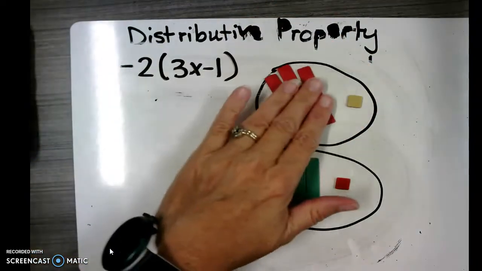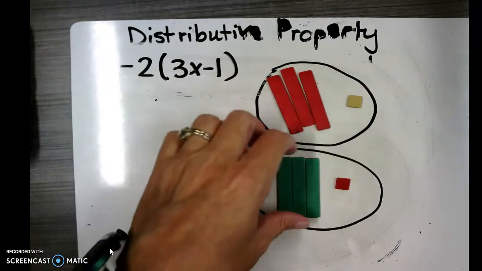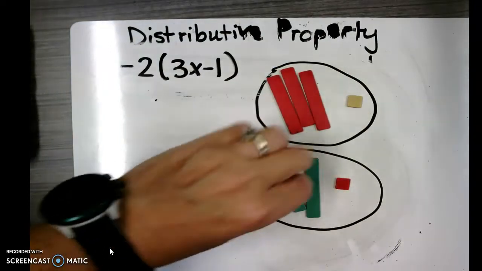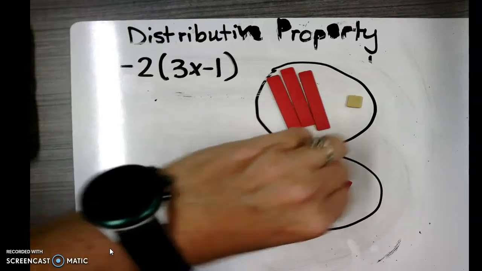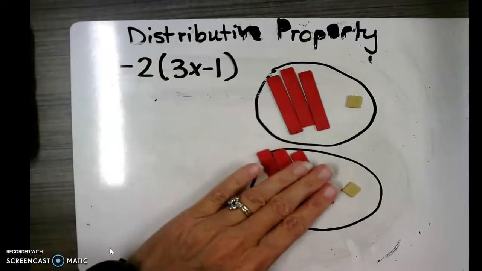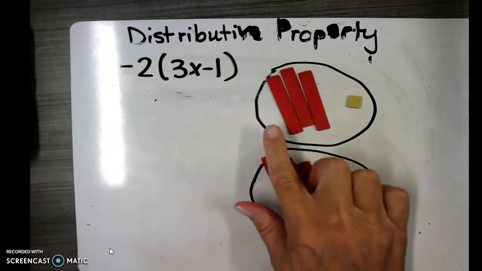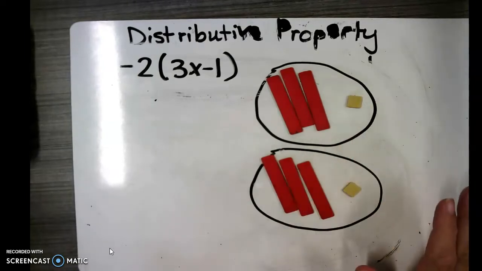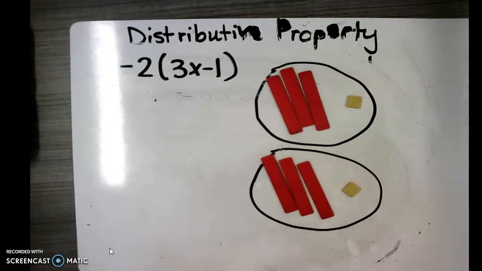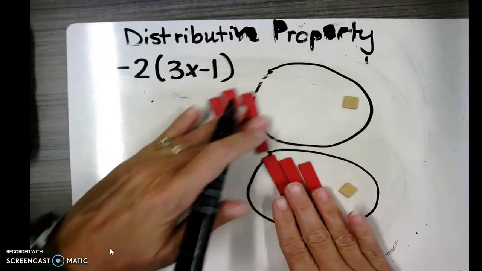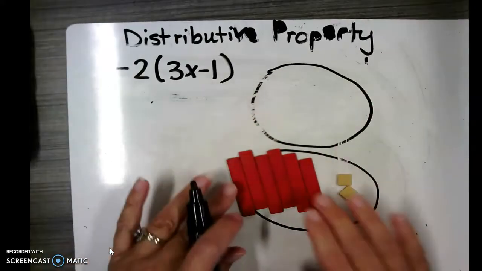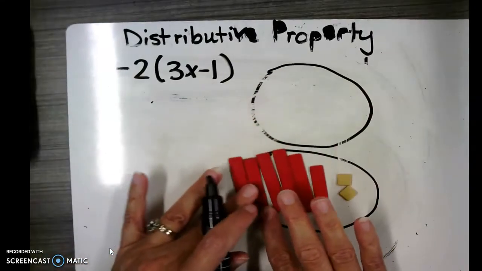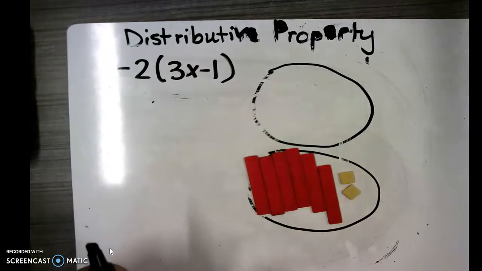So the green ones are now red, and the red ones are now the gold color. Flip it over. And now I have my negative 2 groups of 3x minus 1. Then I can combine them, and I have negative 6x plus 2 constants.